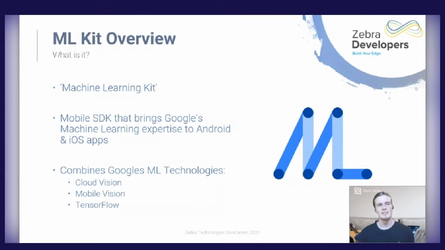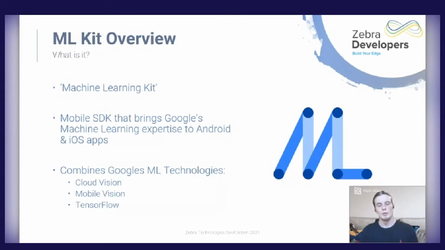And this SDK essentially combines all of Google's machine learning technologies. So you may have been familiar in the past with their Cloud Vision APIs, their Mobile Vision APIs, and also TensorFlow. So the Cloud Vision APIs were sort of the precursor to MLKit, where they had this software running in the cloud. Mobile Vision was the counterpart to that, where some of the simpler use cases could be achieved on device.